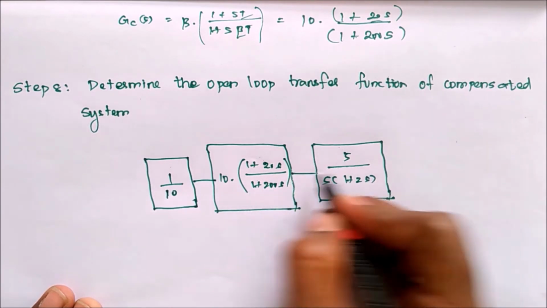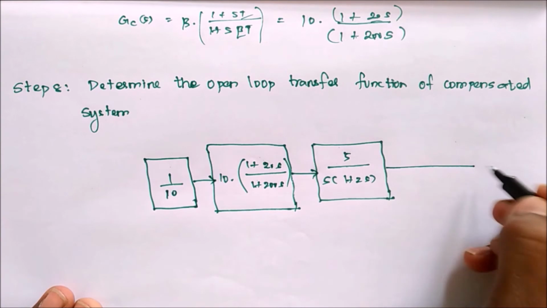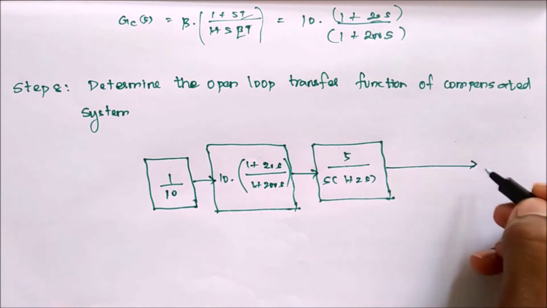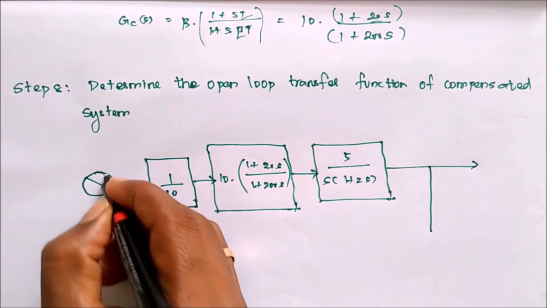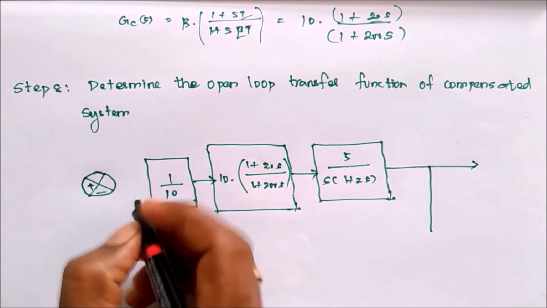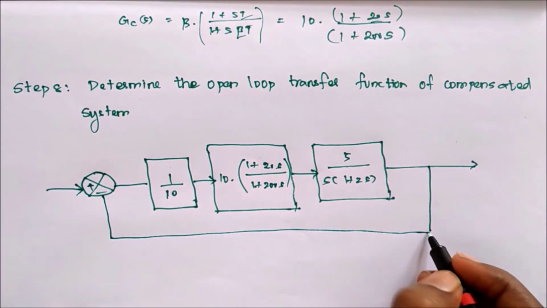So this is the structure of the open loop transfer function of a compensated system, with the output and the feedback.